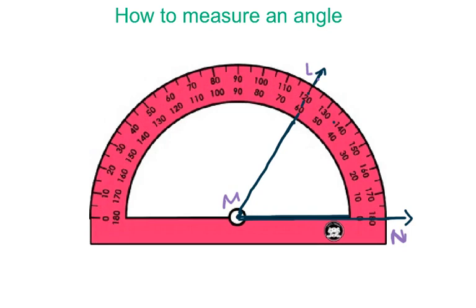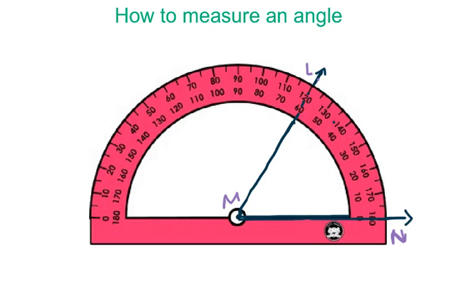To get started, the first thing you do is take the vertex, remember, which is where the two rays meet. So here's a ray, and here's a ray. They meet right here at point M. I take that vertex point and put it right on the circle in the middle of my protractor.